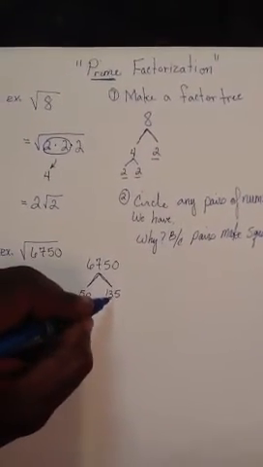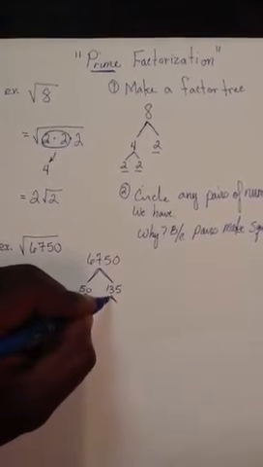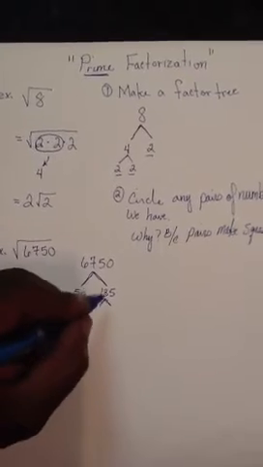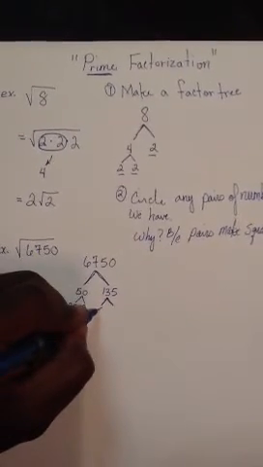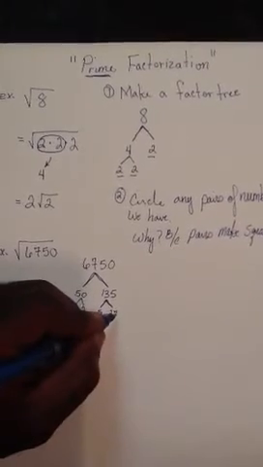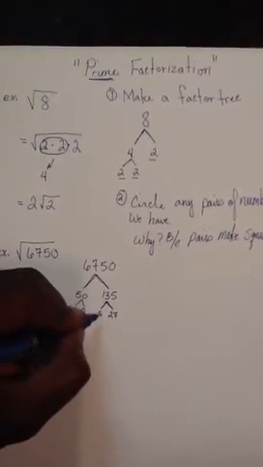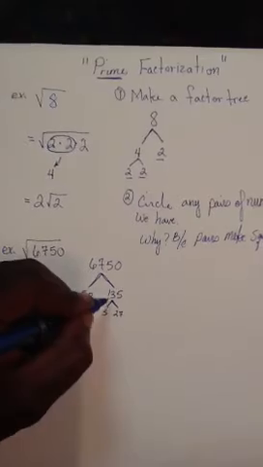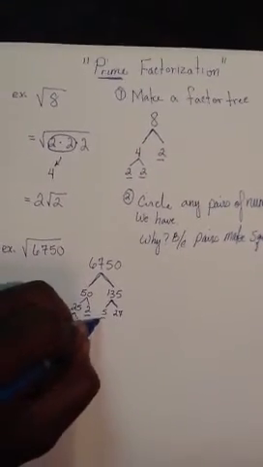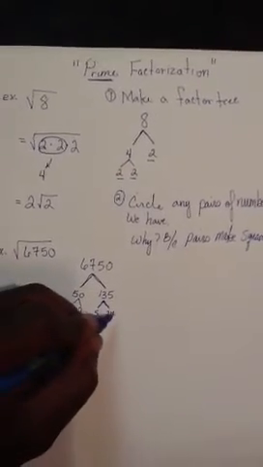Now 135 can be broken down. How do I know? For 1, it ends in 5. So I know at the least I can divide by 5. It gives me 5 and 27. 5 times 27 equals 135. Now 5 is prime again, but 27 isn't.